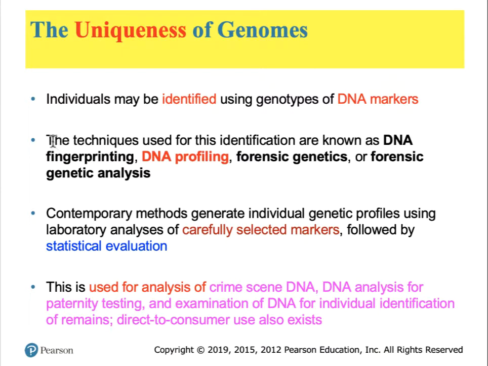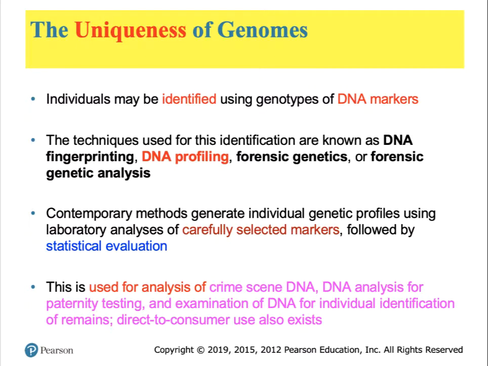Various names are used in the literature when referring to this technology. The most common these days is DNA profiling, but other papers or textbooks may use the terms DNA fingerprinting, an antiquated term, forensic genetics, and even forensic genetic analysis.